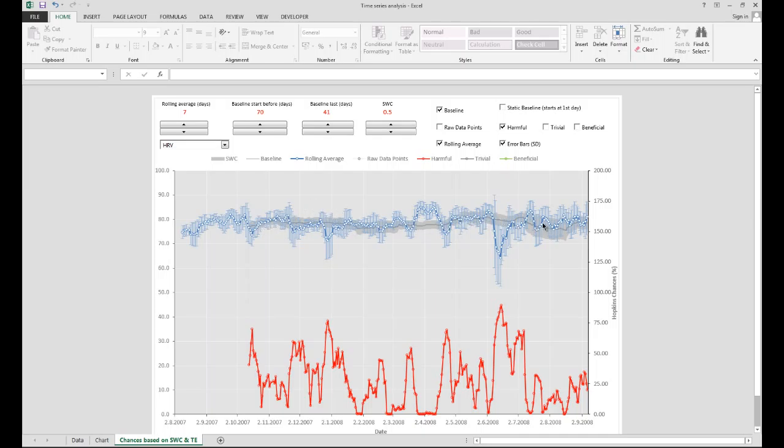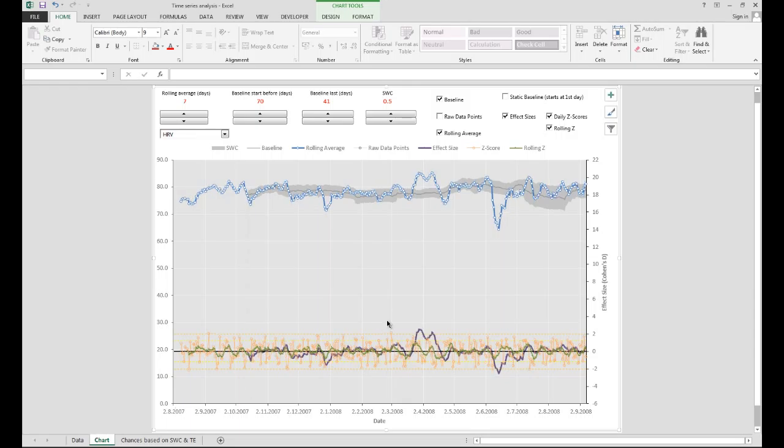These chances are dependent on how we set up the baseline and the rolling average, compared to the previous chart where we had the effect sizes that are not related to a baseline in this case. So they are only related to, or actually they are. Yeah, I'm sorry, they are, because the baseline is also shifting and changing, but they are not related to the smallest profile change.